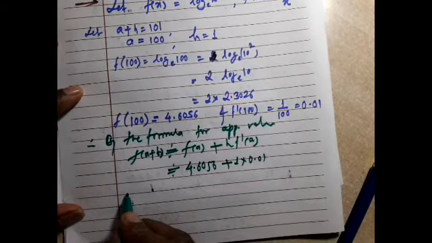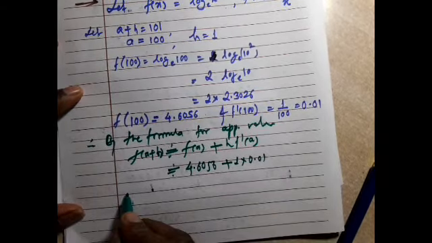Now next example number 5. Find approximate value of log 1016 to the base 10, given that log e to the base 10 is 0.4343.